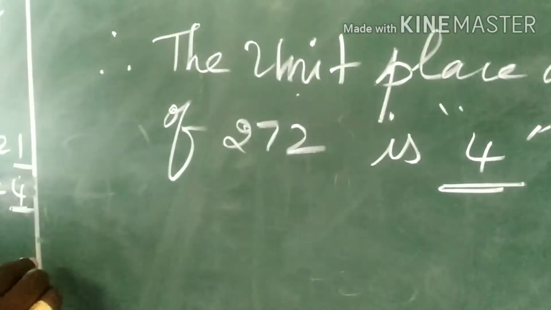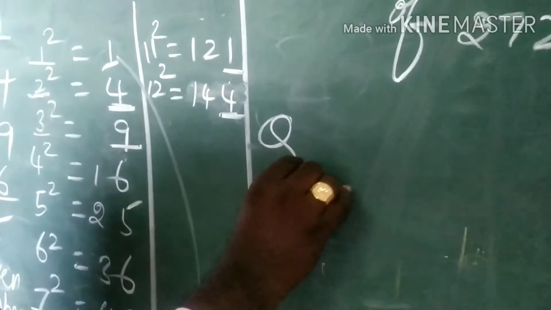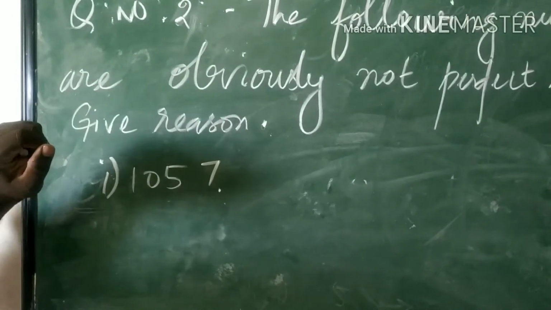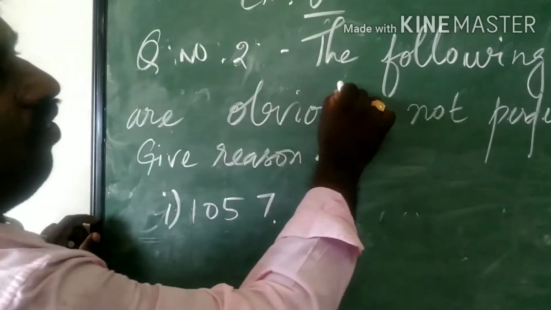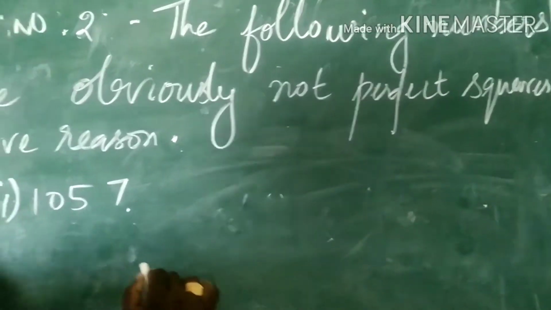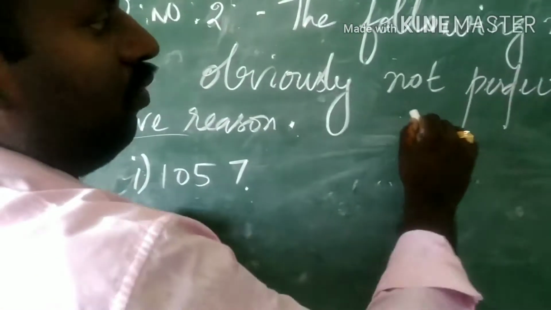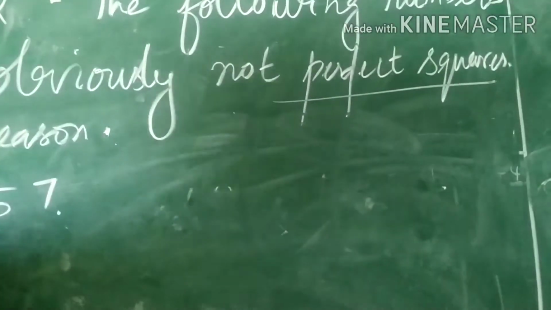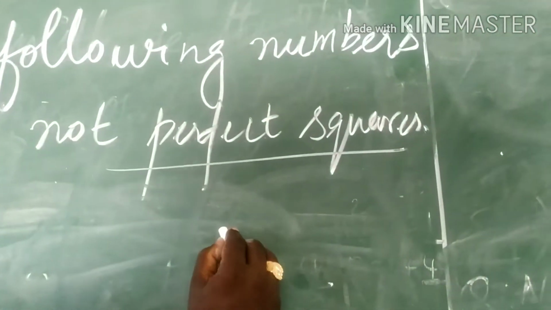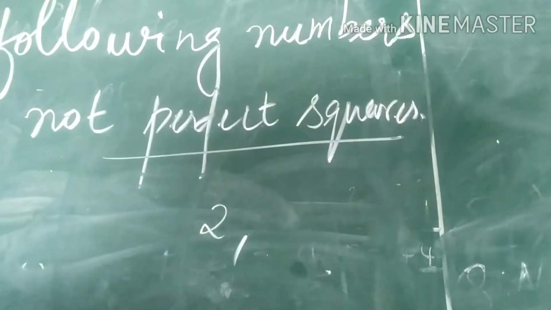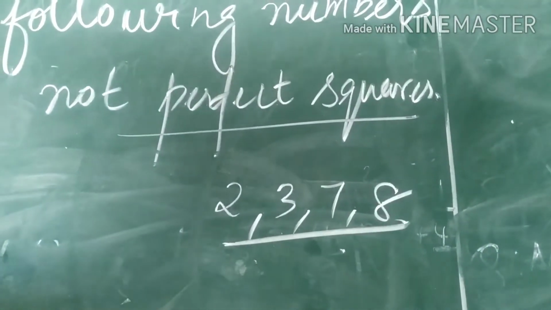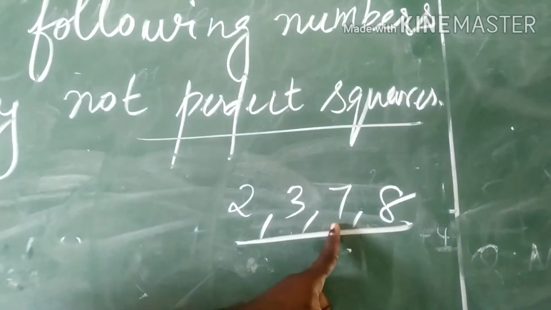Now we are going to see question number 2. The following numbers are obviously not perfect squares. Give reasons. We have to see the unit digits. If a number ends with 2, 3, 7 or 8, it is not a perfect square.